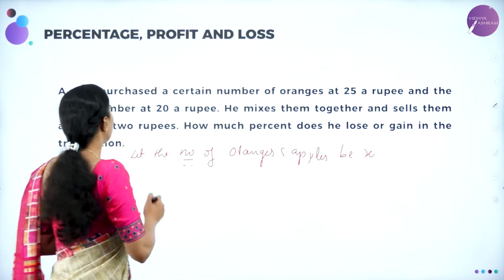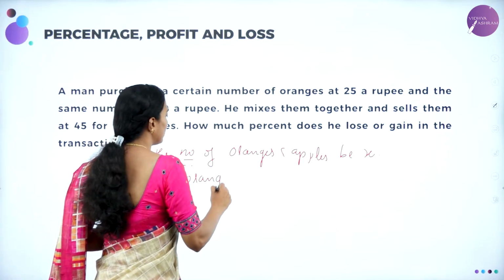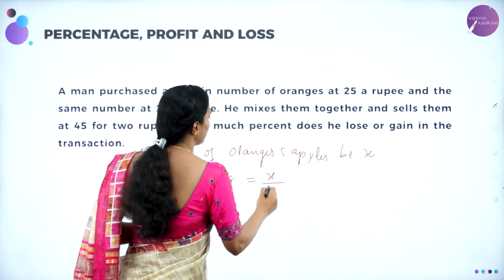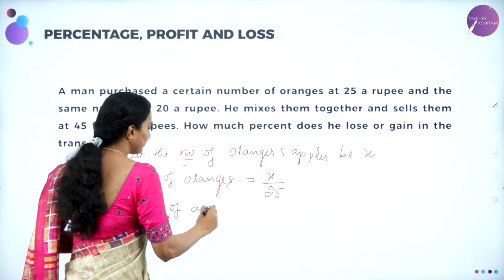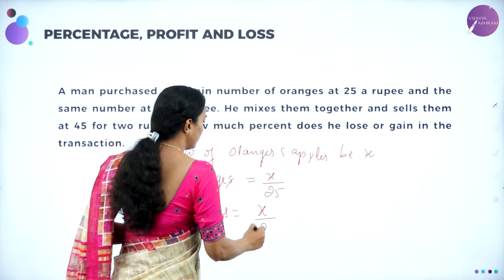So therefore, the cost price of oranges is equal to X divided by 25, and the cost price of apples is equal to X divided by 20.